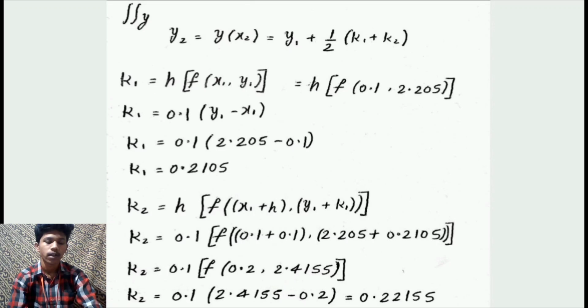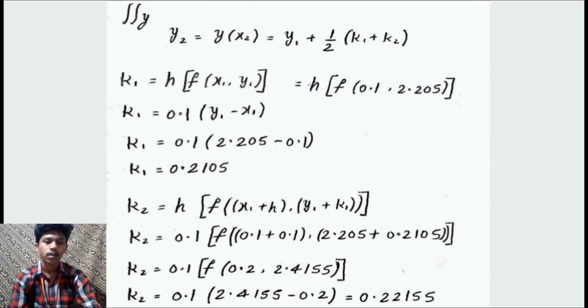We already determined it, and we can substitute this in k1. We get the value 0.2105, and k2 is equal to h into f of x1 plus h comma y1 plus k1. Here k1 is the above value.